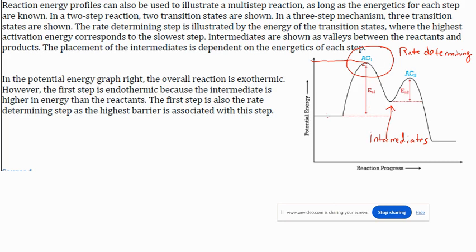It's always the highest hump. No matter what? Yep. So I think this is what you're asking about. If we had something like this, if we had a situation like that, is that right? But only if the first step still had a higher activation energy. Okay.